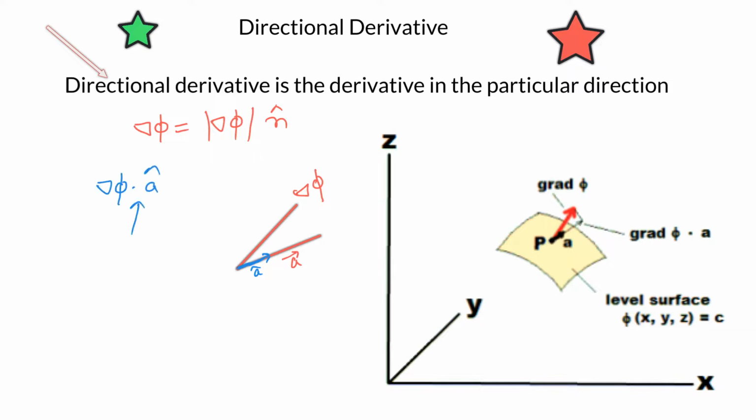This will give the directional derivative of phi in the direction of vector A. So this is the concept of directional derivative. Del phi is in the normal direction, and if you want its derivative in any given direction, then take the dot product with the unit vector along that given direction. It is as simple as this.